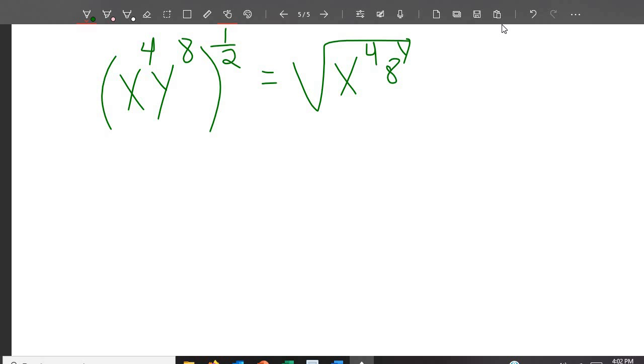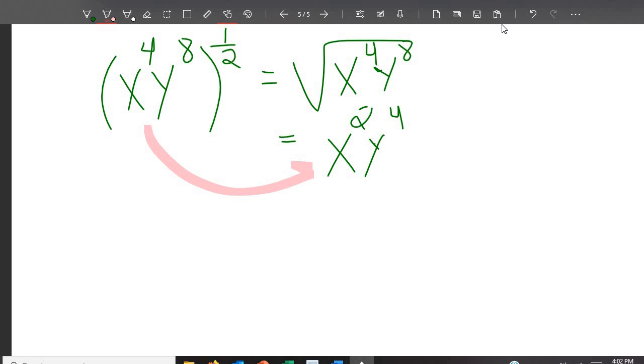And this is where we divide the exponent inside the parentheses by the index. So this and this mean the same thing. I've divided the exponents by 2 because it's a 1/2, and that's a square root.